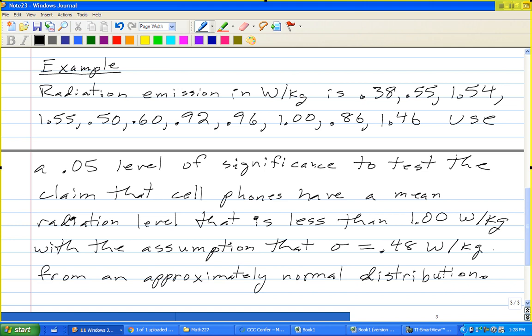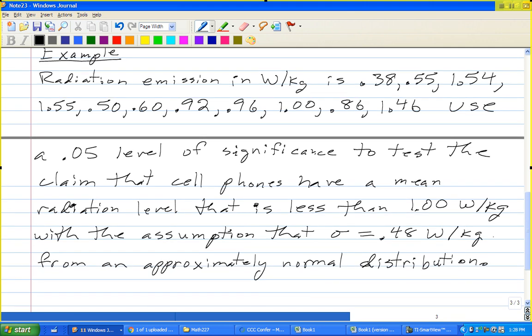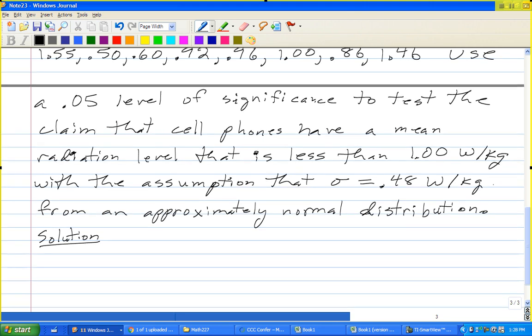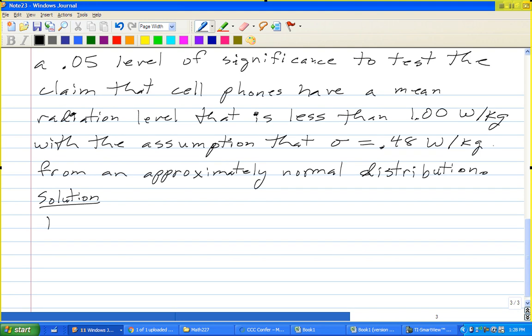Okay, so let's do that. So I have a null hypothesis, alternative hypothesis, and level of significance.